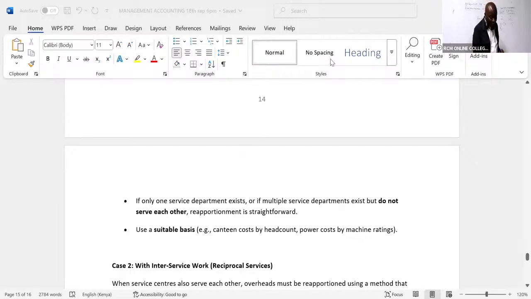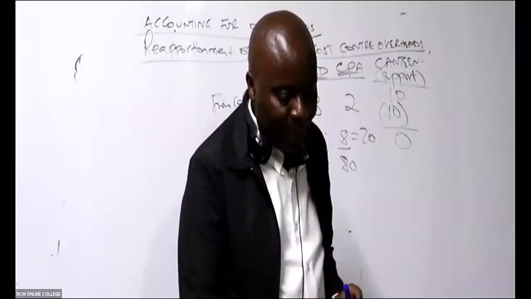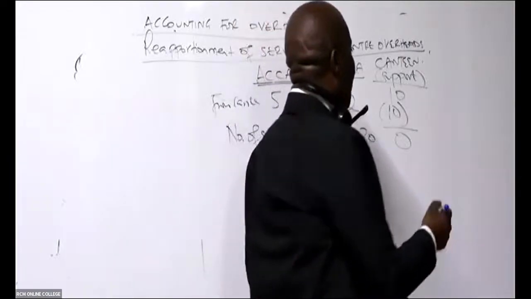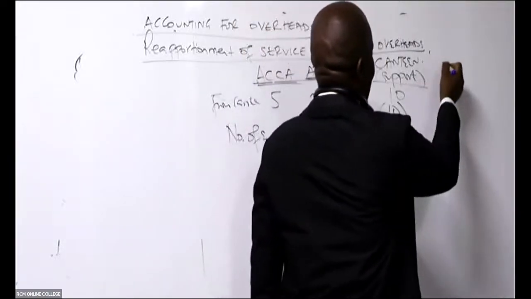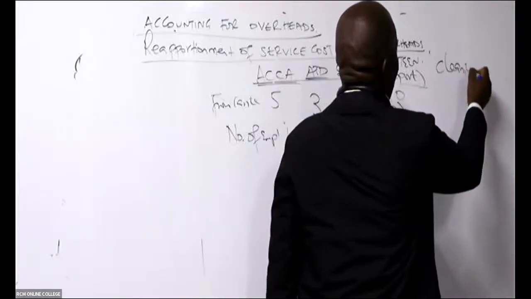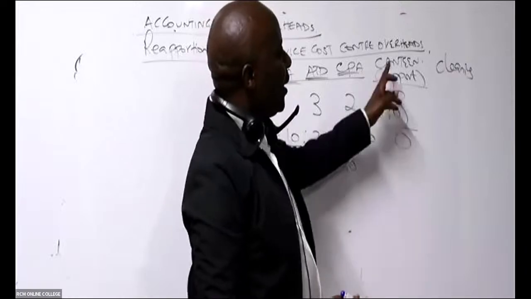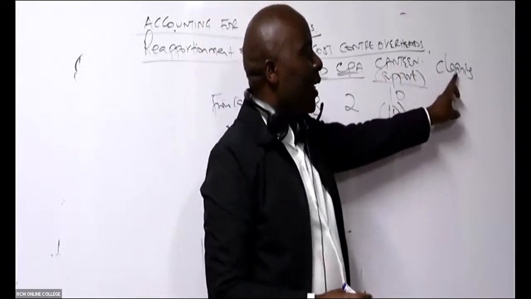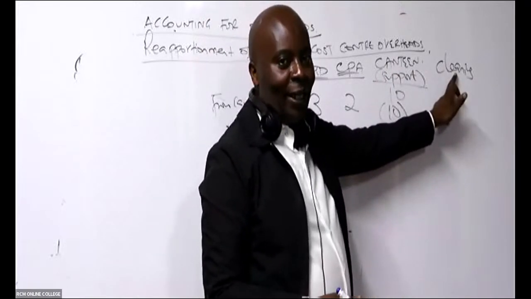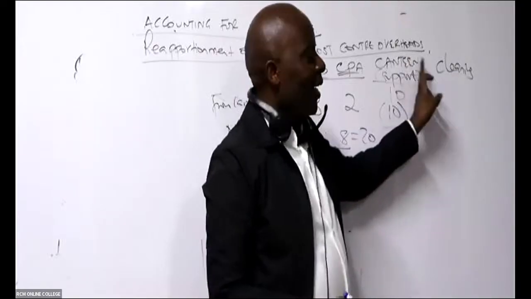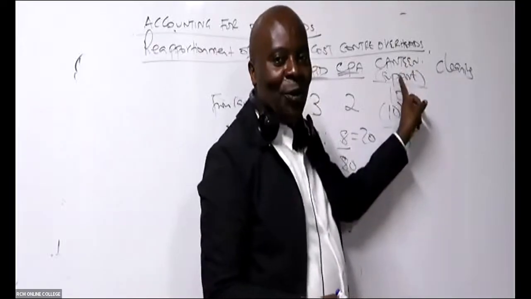Please listen, my good students. For example, as RCM, we could be having another department here called cleaning. Service department, you see, canteen. Employees working here in the cleaning department may also want a cup of tea, isn't it? And the cleaning department will be coming to the canteen here to clean.